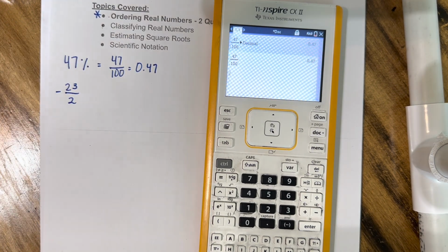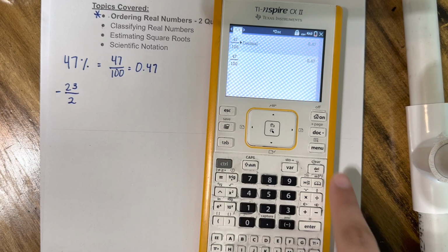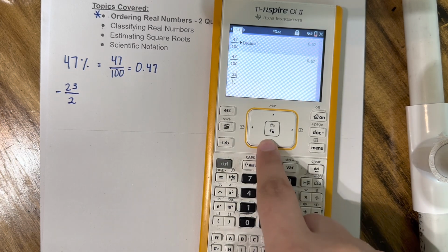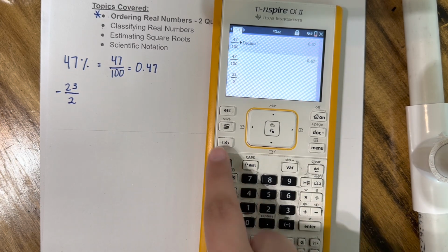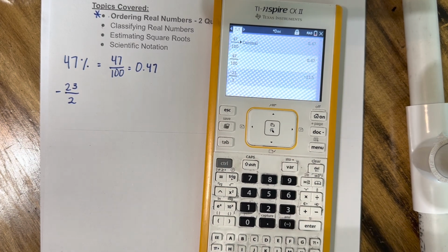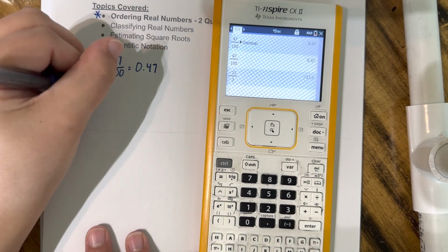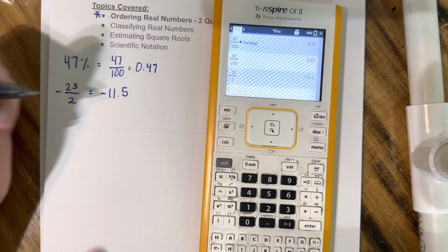So I have negative 23 halves, or negative 23 over 2. The negative symbol is right here next to the decimal. So I have negative, control divide, 23 over 2. I'm going to do control enter to convert it to a decimal, and I get negative 11.5.